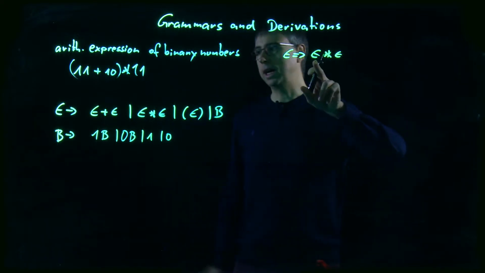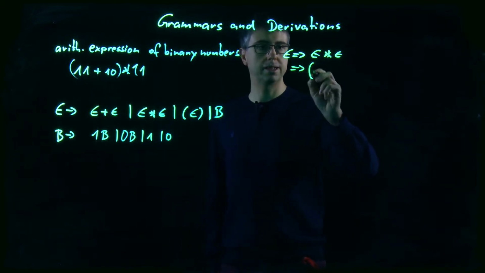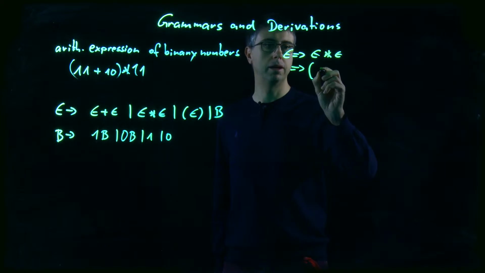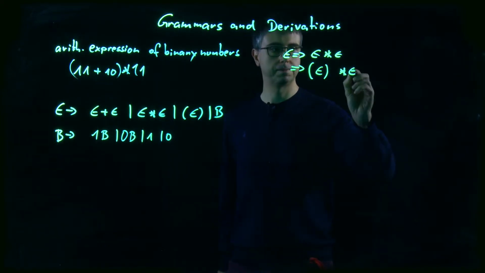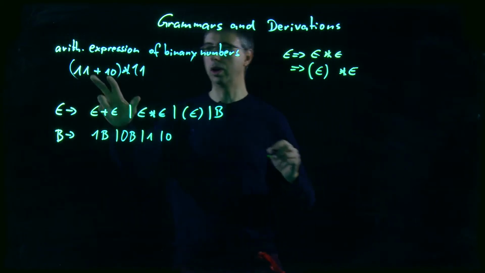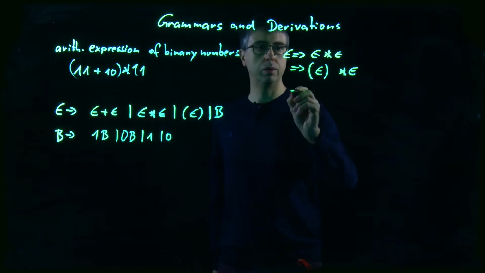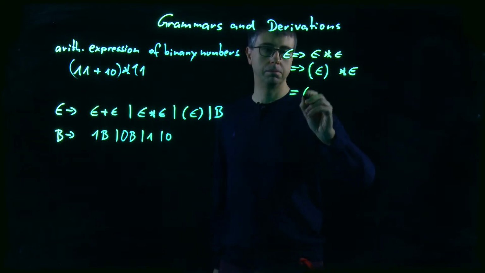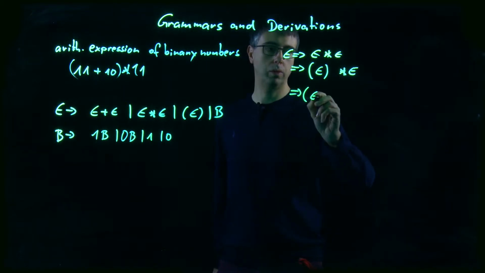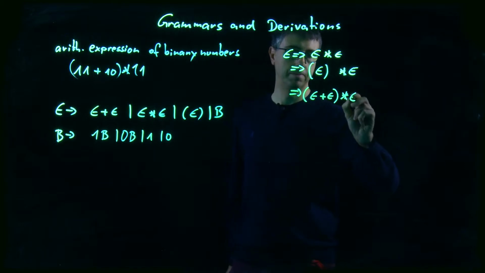The left part will become the parenthesis, so we substitute this E by E in parentheses and keep the rest. Then we go on. Here we have the plus sign, so we will need this rule here, and we replace this E in the middle by E plus E. So we derive E plus E times E.